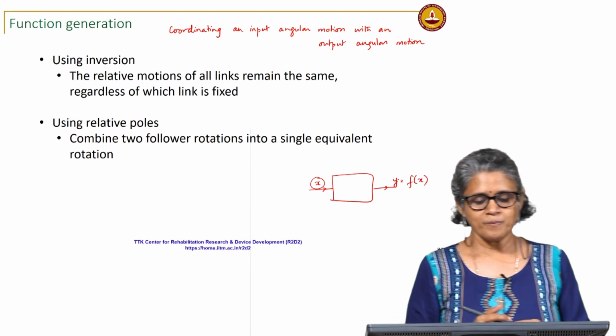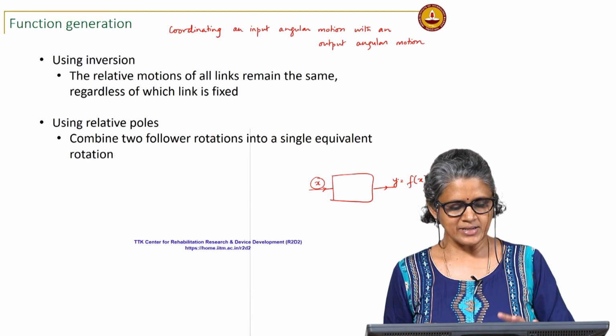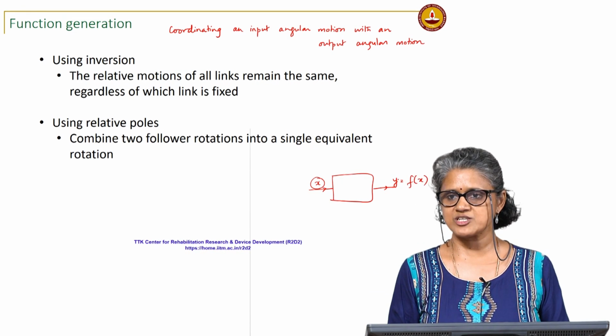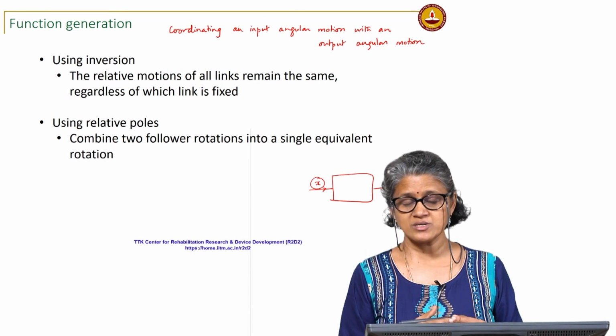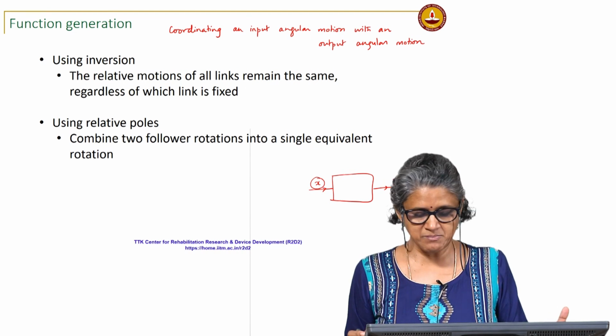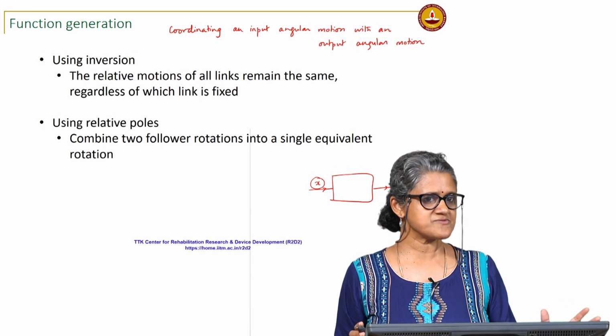So, the two methods that we will look at are, one is using inversion, basically again using the fact that the relative motion of all the links remains the same regardless of which link is fixed.